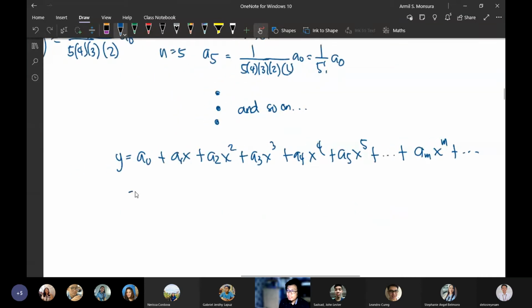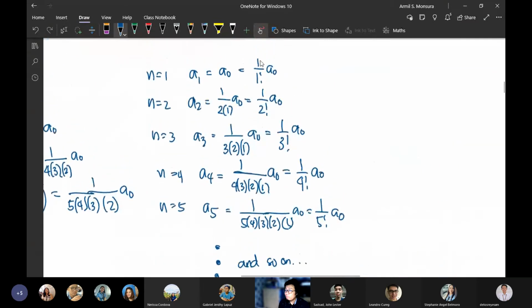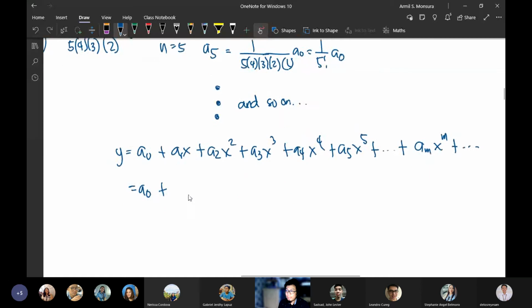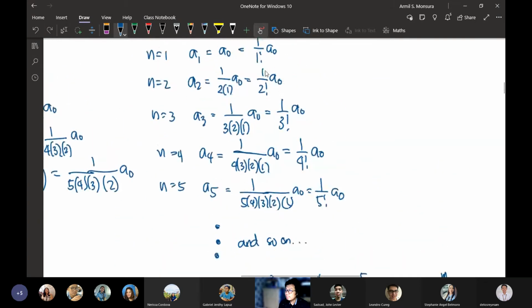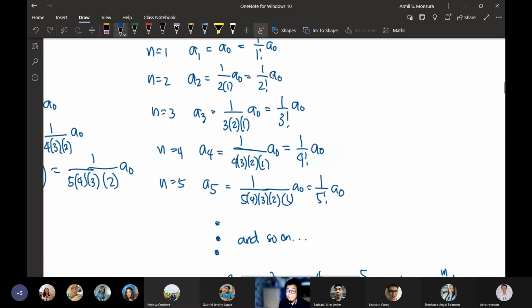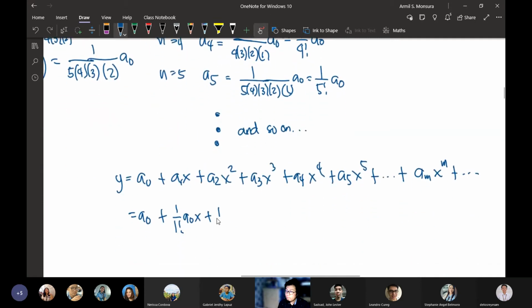So, we will have to replace a1 with 1 over 1 factorial times a0 x. Plus, ang a2 natin is 1 over 2 factorial a0 x squared.